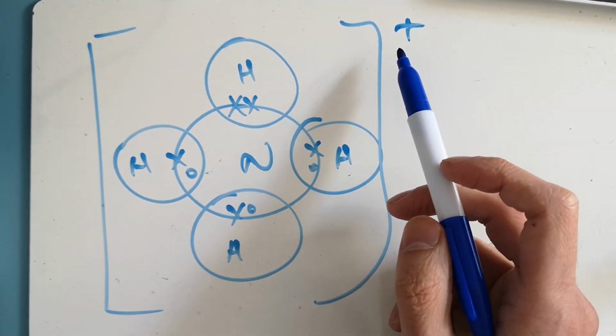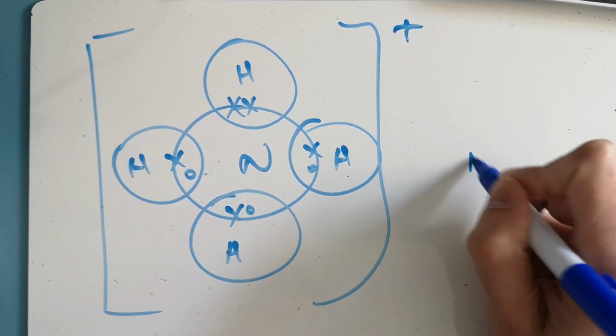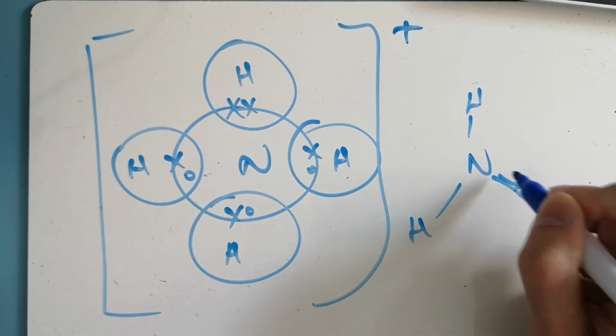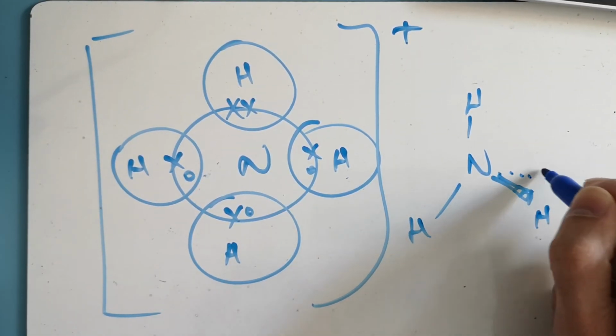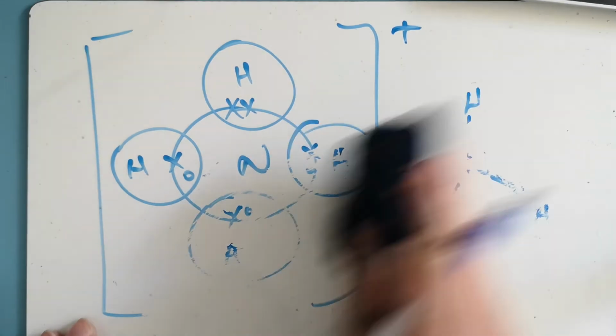Overall it's got 1 positive charge. It's got 4 bonded pairs, no lone pairs now, so it looks just like methane did a sec ago. So that is tetrahedral.